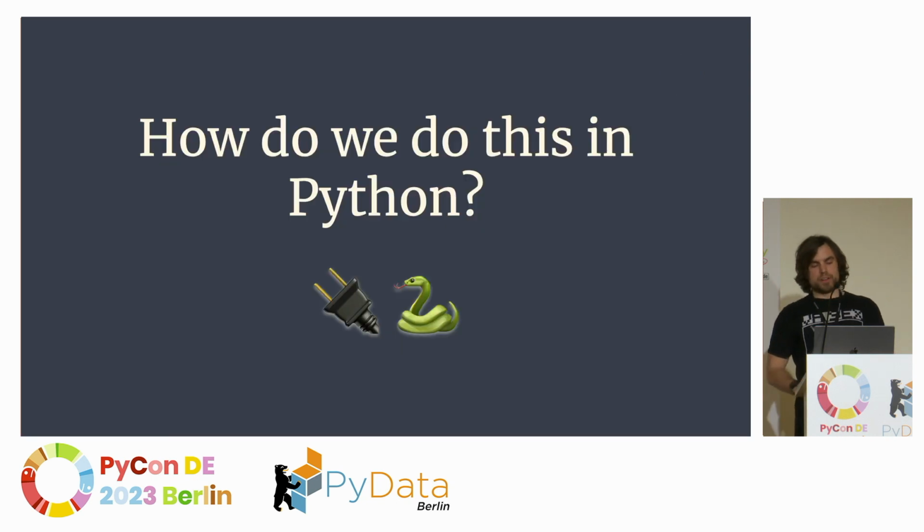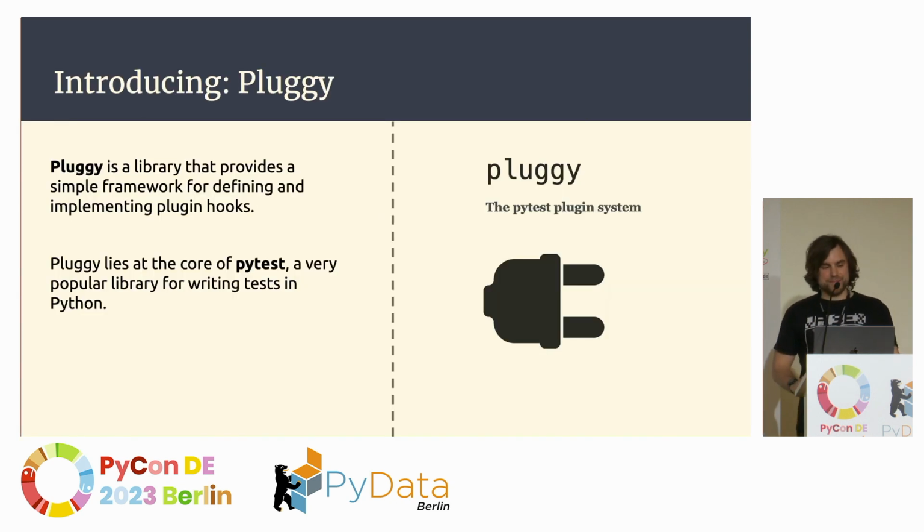But we're going to assume that everyone has weighed the pros and cons and has thought, yeah, I'm ready to write a plugin application. This definitely fits my need. Well, good news. I'm here to show you how to do it in Python. What we're going to be using is a library called pluggy. It's a relatively simple library, I would say, and it provides a framework for defining hooks and implementing plugin hooks.